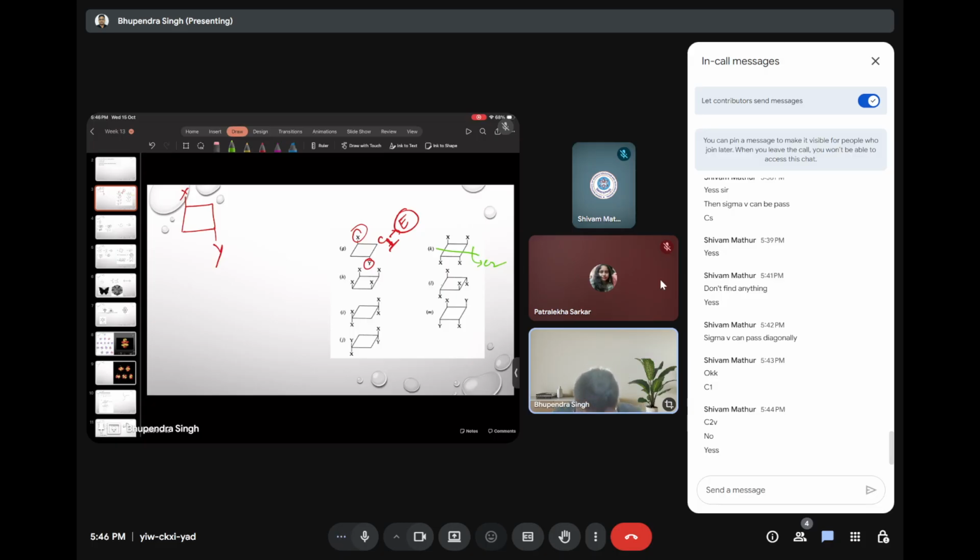But this plane is perpendicular to this. This plane is sigma h, which is perpendicular to C2.